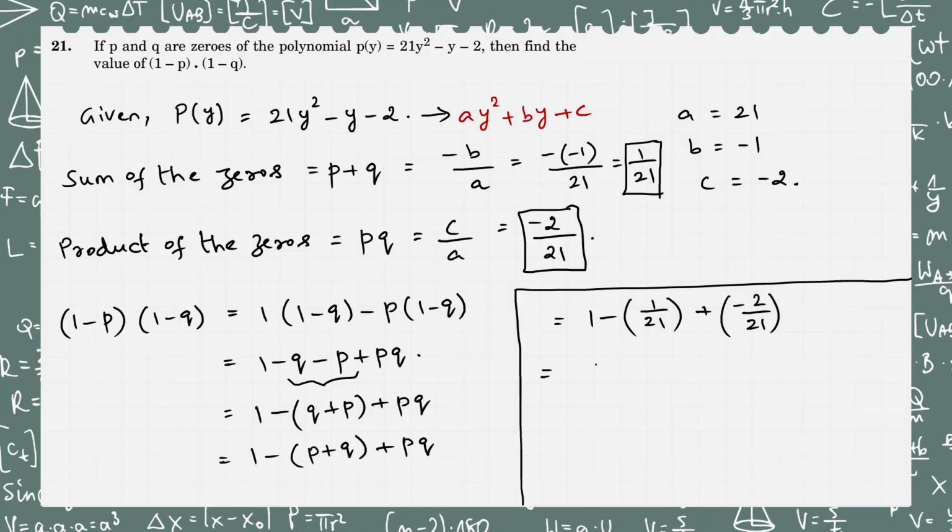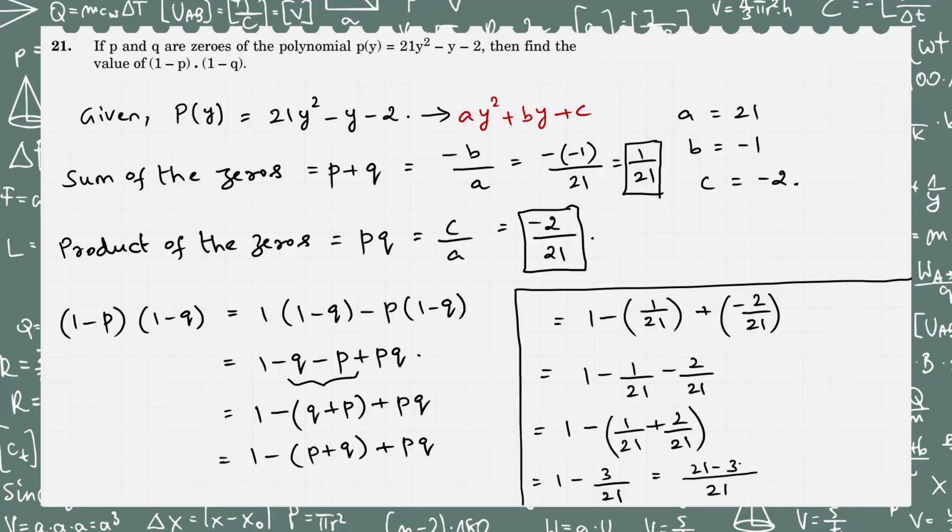When we remove the brackets everywhere, we get 1 minus 1 by 21 minus 2 by 21, and this will become 1 minus, if I take the minus common, 1 by 21 plus 2 by 21, and this can be written as 1 minus 3 by 21, and we can take 21 as the LCM here, and the numerator becomes 21 minus 3, and this will become 18 divided by 21.